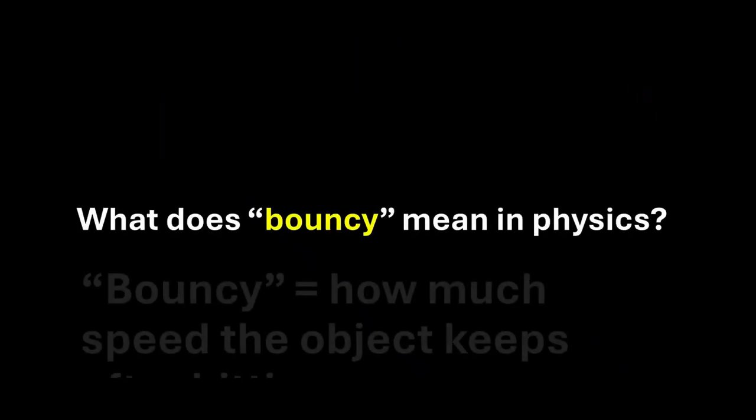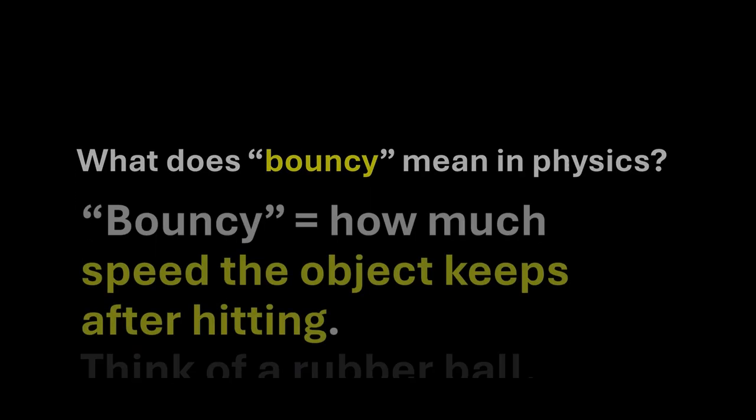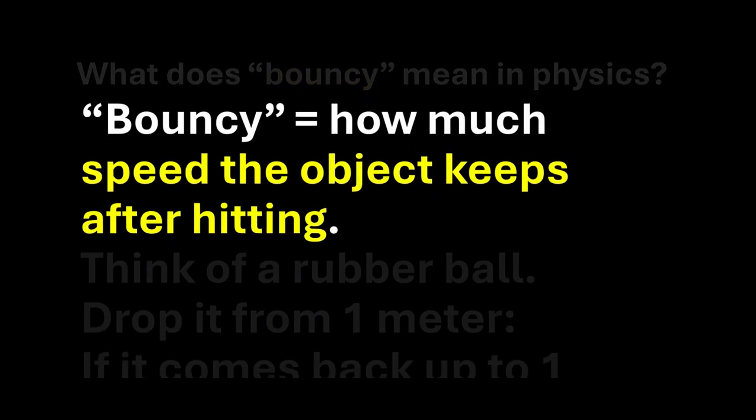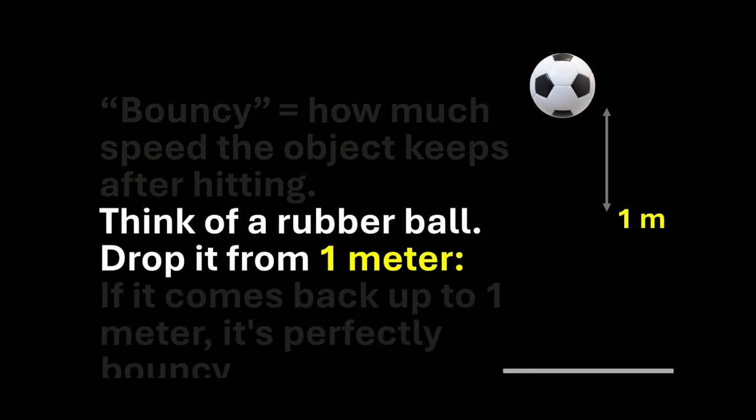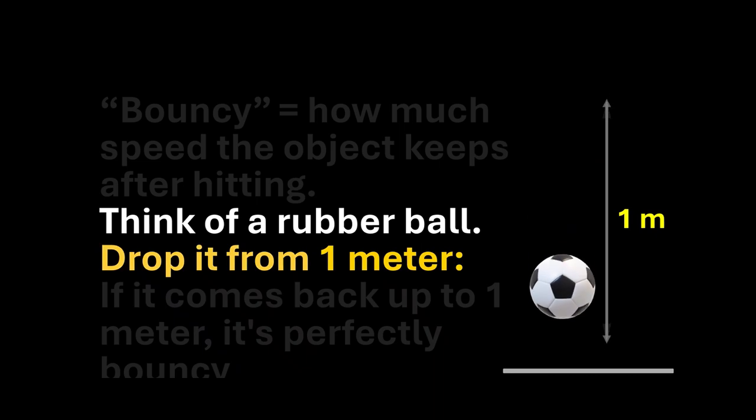Now the question, what does bouncy mean? It actually means the amount of speed the object is keeping after getting hit to a surface. For instance, think of a rubber ball which is dropped from a height of 1 meter. It's dropped down, it reaches the floor, it hits the ground.